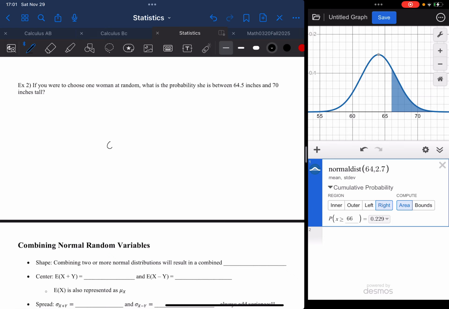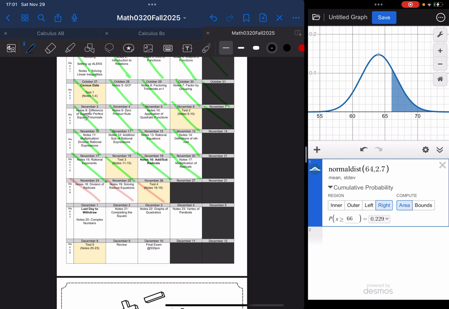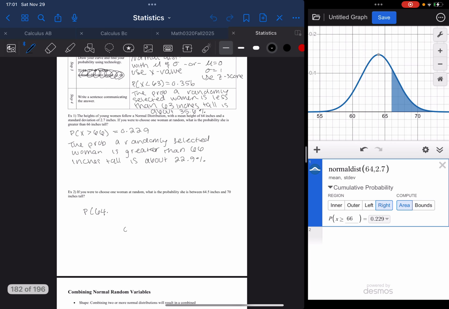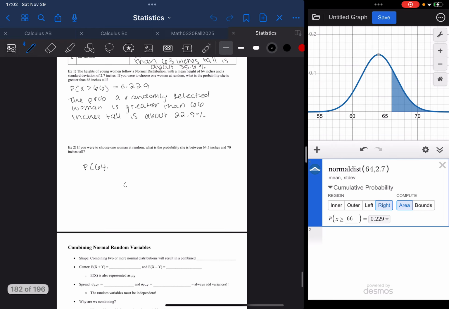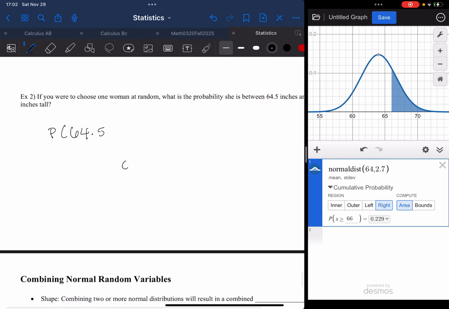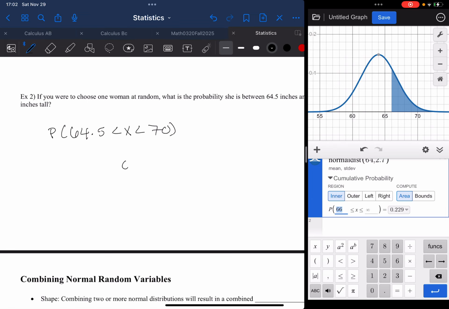Okay, here we go. Let's try this again. Okay, the probability of 64.5 is less than x less than 70. I would go over here and hit enter. Change this to 64.5 and then change this one to 70.